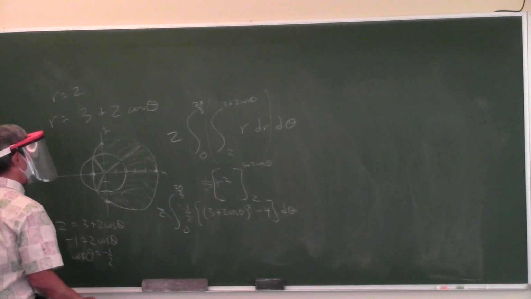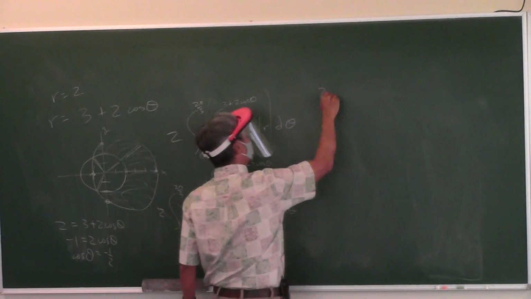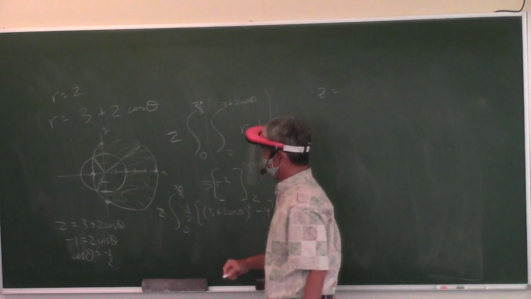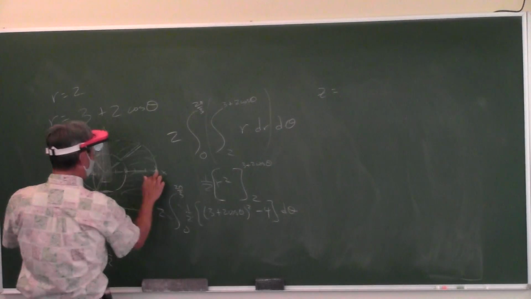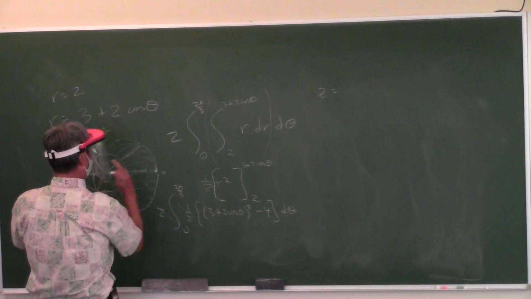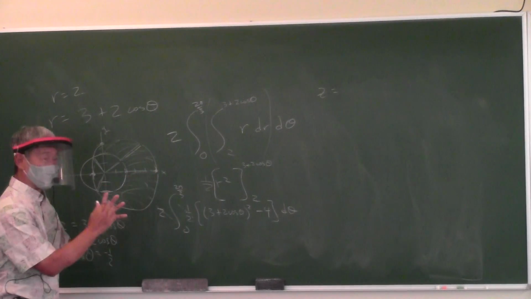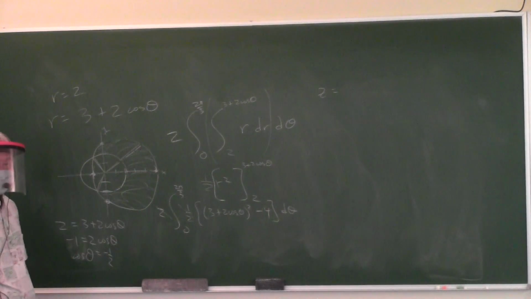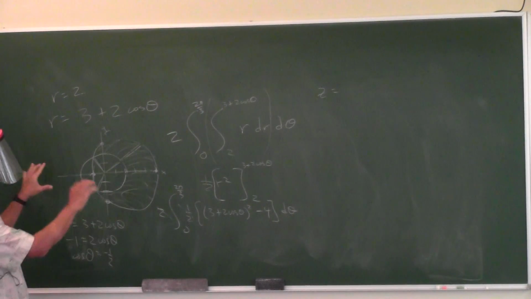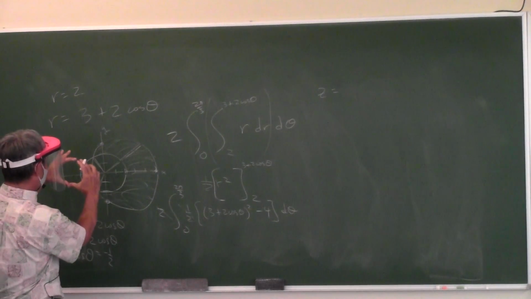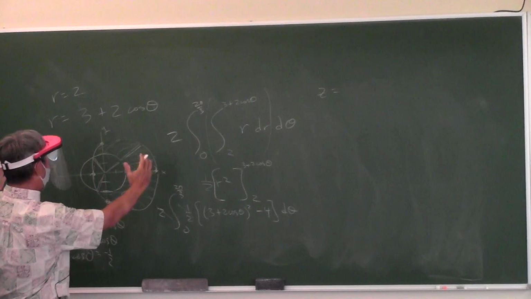Somebody give me an equation. So z equals, but I want it to go outside here. This is 5, so we want it to be bigger than 5 when it hits the plane. You can make a smaller one, but no, I want it bigger.